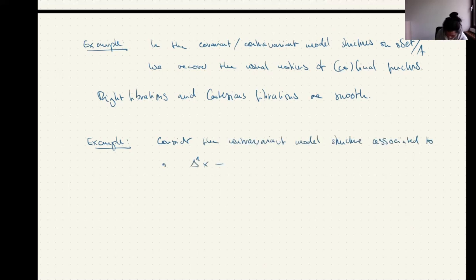We take as a cylinder, again, Cartesian product with Delta 1, and then we just throw in one morphism that we require to be a trivial cofibration. And that's the boundary inclusion.